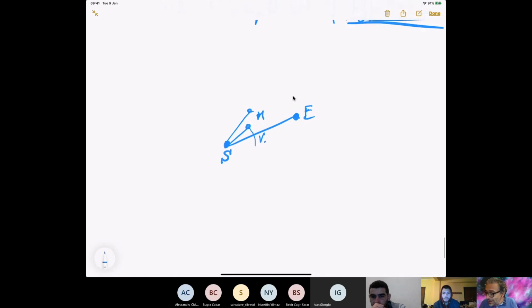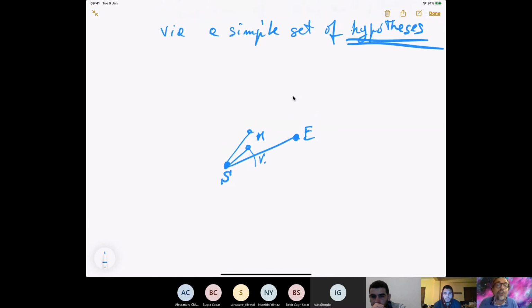So you could forecast the position of planets using this analog computer and the simplified model of the motion of planets.